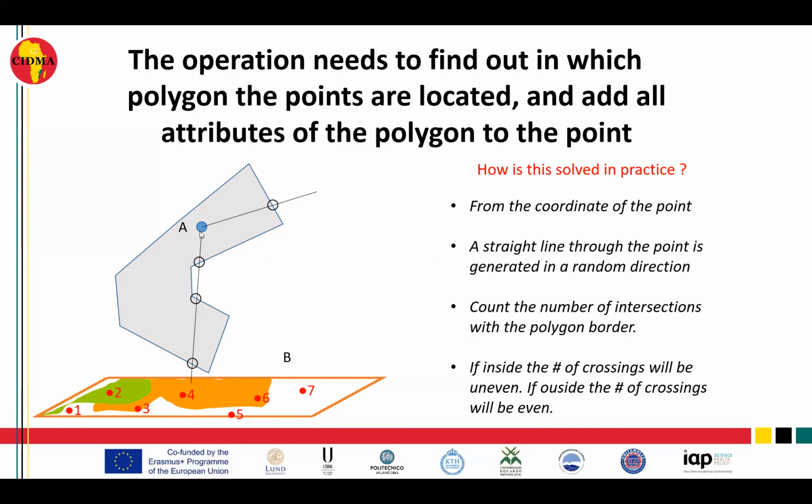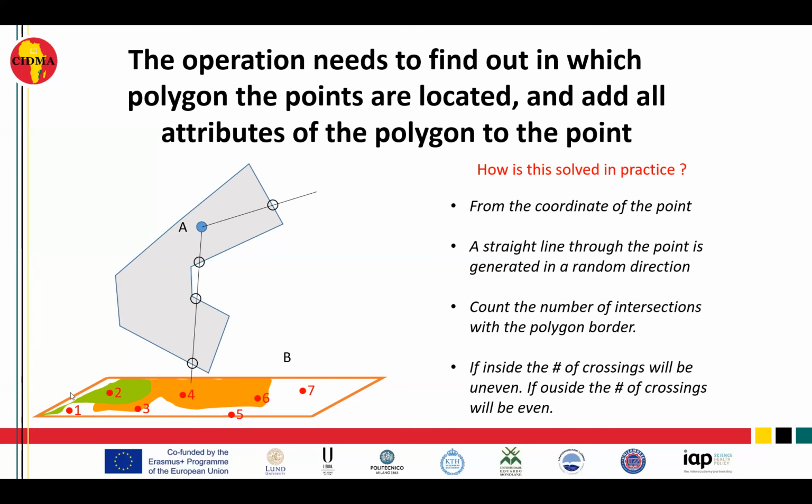So we can see that A is, yes, it's definitely inside the polygon, but the computer doesn't see it like this. This is just another coordinate pair, an X and Y coordinate, in relation to the other coordinate pairs that builds up all the polygons.